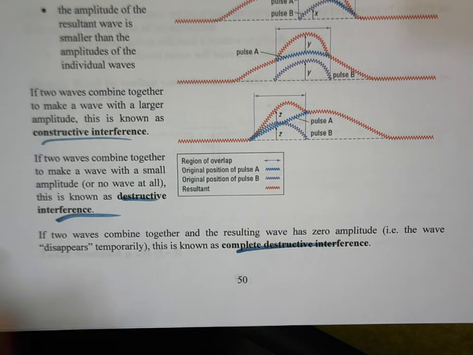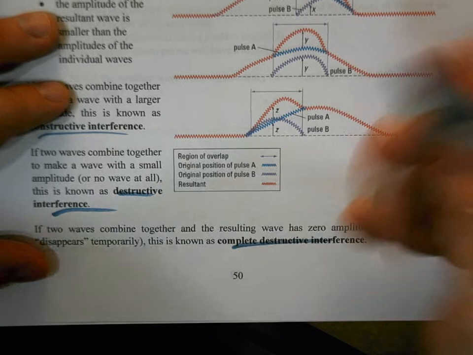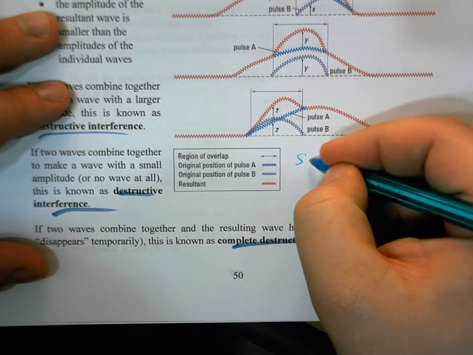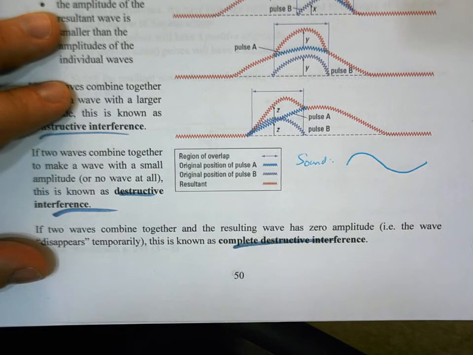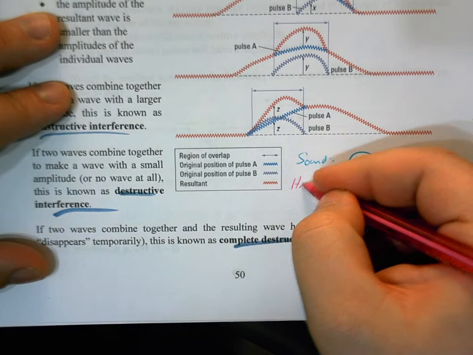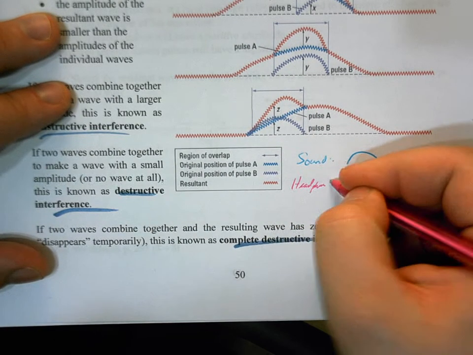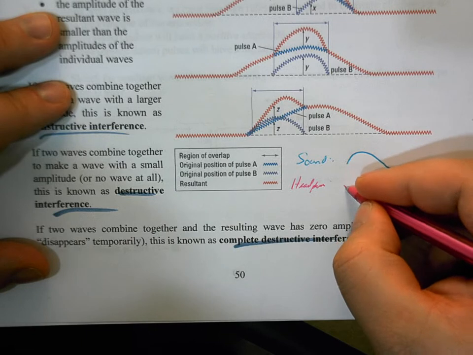This is referred to as complete destructive interference. A good example of destructive interference is for those of you that wear noise canceling headphones. What your headphones try to do is create the opposite wave so that when they combine together, it's almost completely canceled. So for example, if this is the sound wave, and say it looks a bit like this, what your headphones might do is try to create a wave, maybe it looks a bit like this.